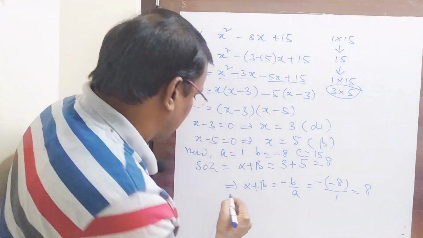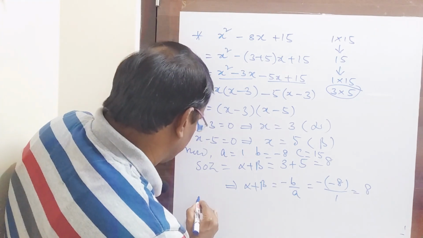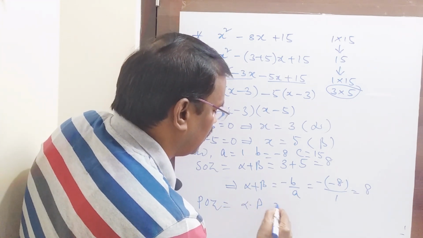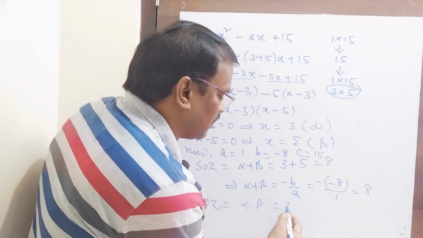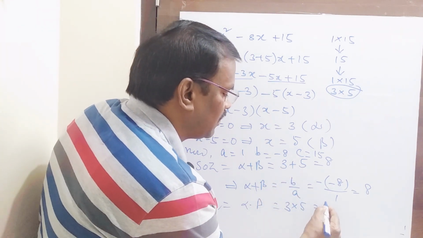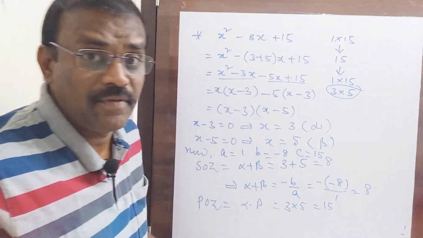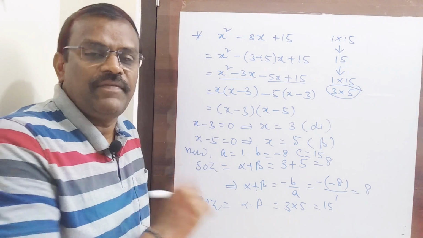Okay. So next, product of zeros is equal to alpha into beta. What is alpha? 3 into beta, 5, is equal to 15. So manually we find the product of both the zeros and got 15.